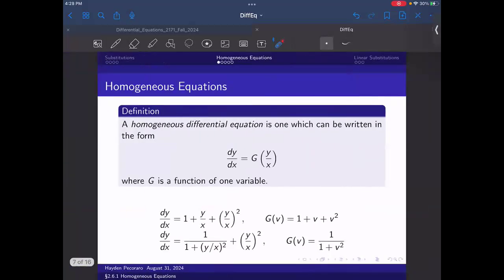What's next? So now we have a class of differential equations that we want to use substitutions to solve. So a homogeneous differential equation, this is a different homogeneous from the kind that we talk about for linearity. It's one that can be written like this, where you can have y over x written as one variable on the right side of the equation here.